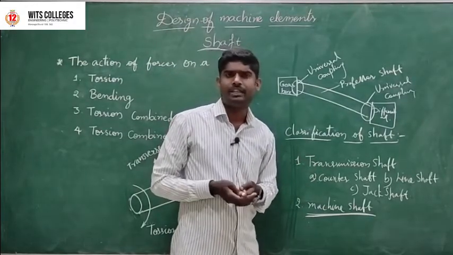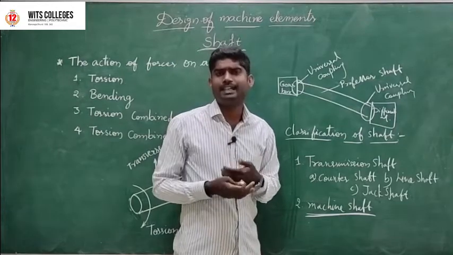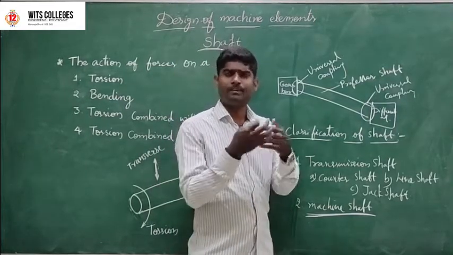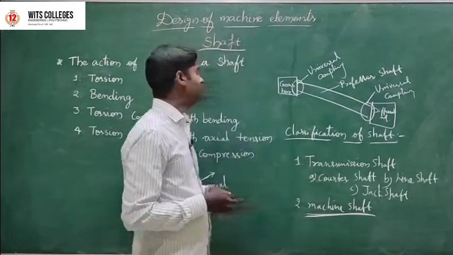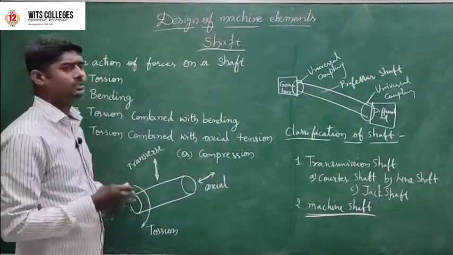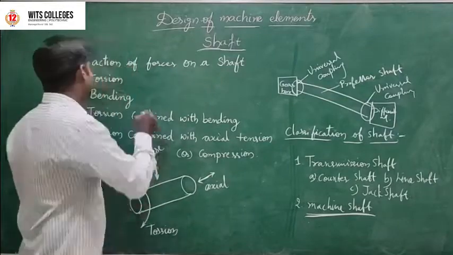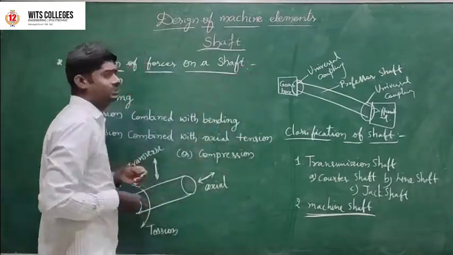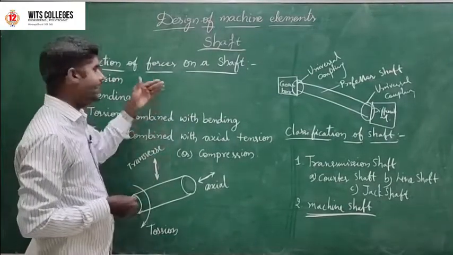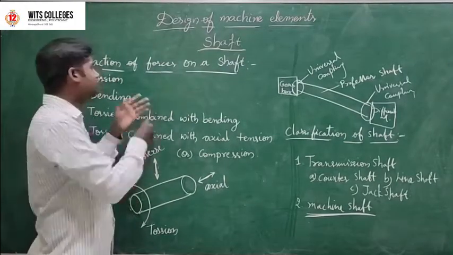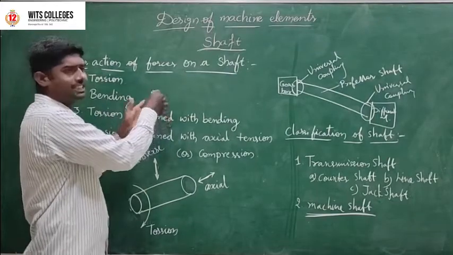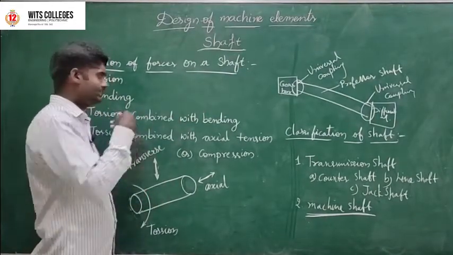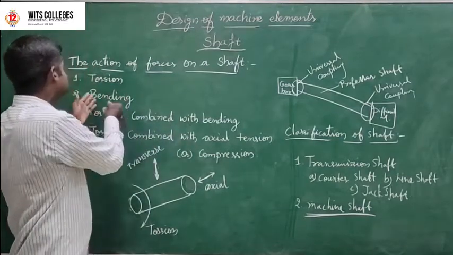How to design a shaft? If you want to design any shaft, we consider some forces, the action of forces on the shaft. Design of the shaft uses these four actions of forces; every shaft depends on these forces.